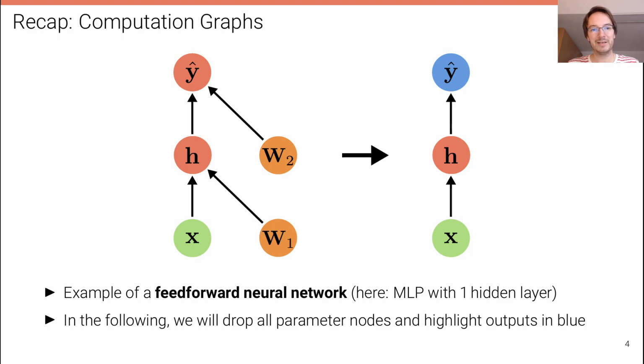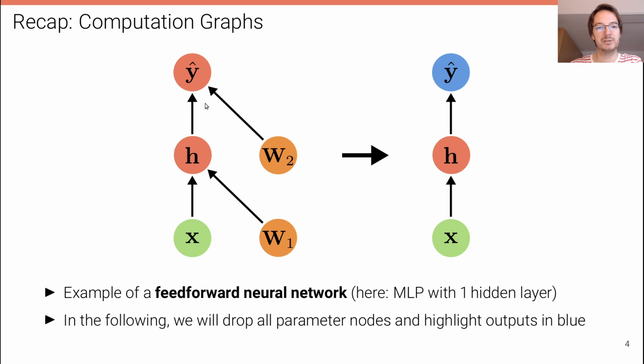Let's first recap computation graphs with an example of a feed-forward neural network, in this case a one hidden layer multi-layer perceptron, which we can see here on the left side. This one hidden layer multi-layer perceptron takes an input X, processes it to a hidden variable H, and then makes a prediction in the second layer, prediction Y hat.